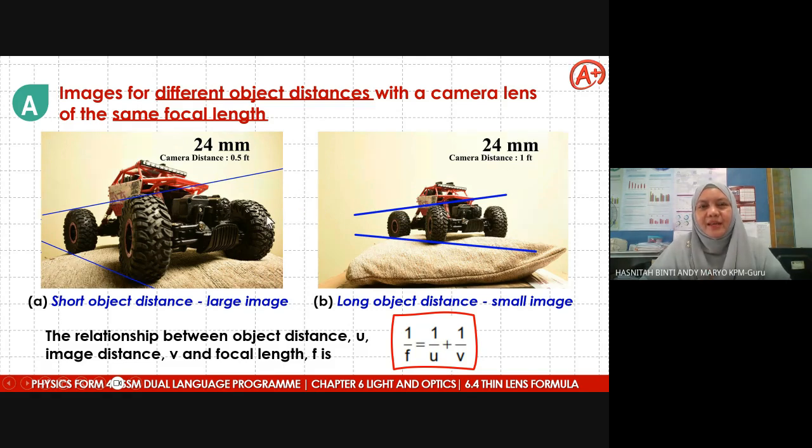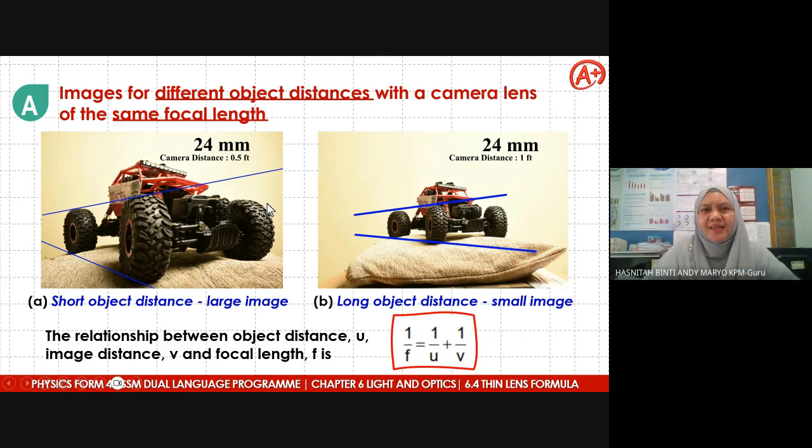But the difference is, for the first camera, the object is placed 0.5 feet in front of the camera. And for the second diagram on the right, the camera is placed 1 foot from the object. This means the object distance in the left diagram is 0.5 feet, and in the right diagram the object distance is 1 foot, which is further from the camera.